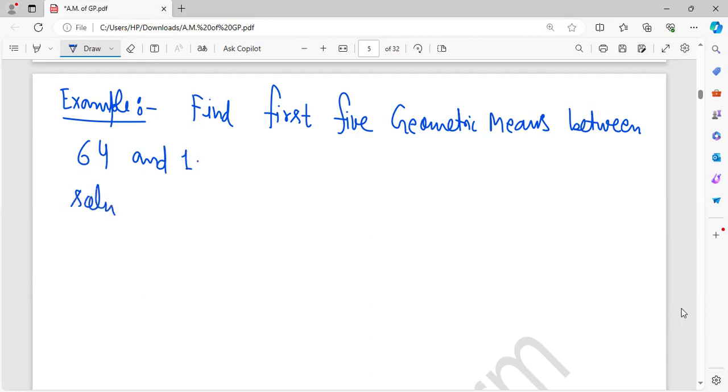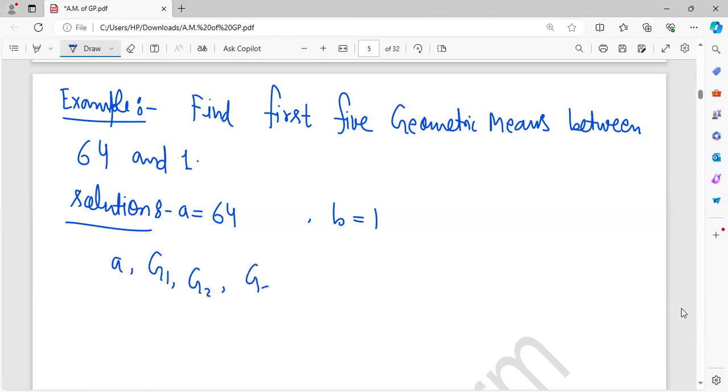Solution. So 64 is given, 1 is given. So A is 64 and B is 1. So I am to find G1, G2, G3, G4, G5.